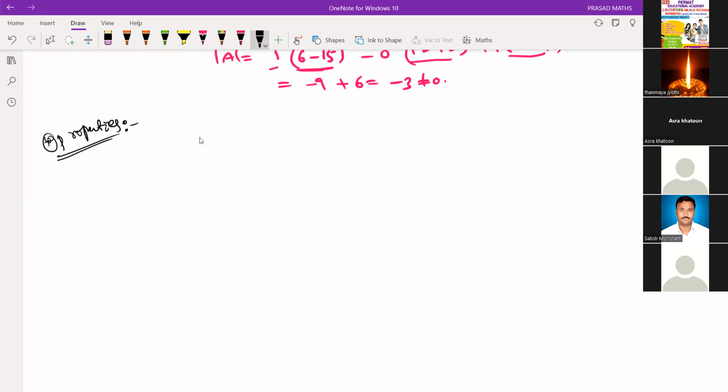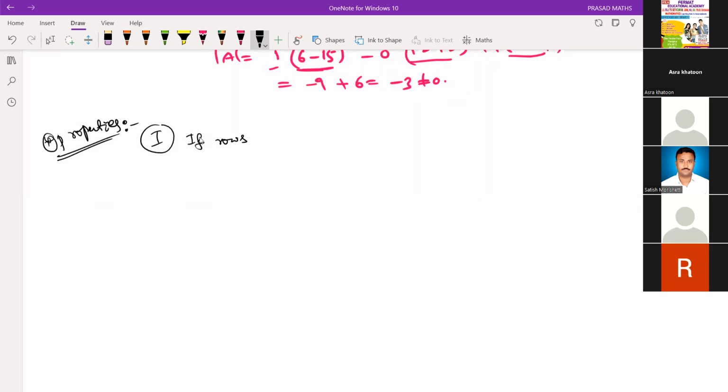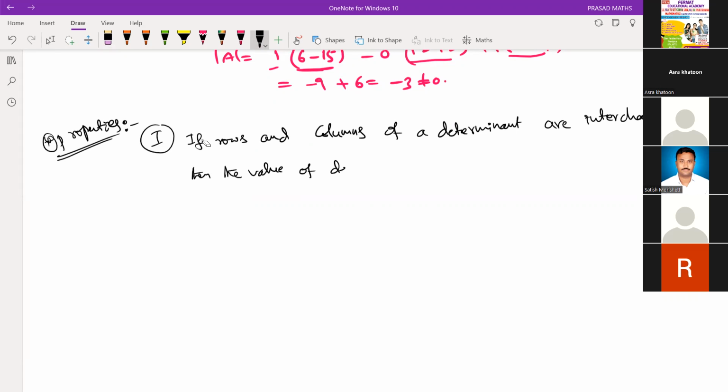Right? So first property, if rows and columns of a determinant are interchanged, then the value of the determinant is not changed.